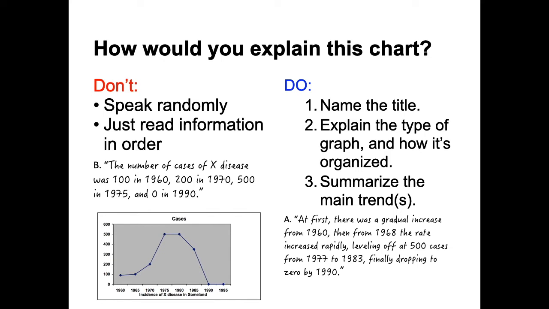About the main trends, at first there was a gradual increase from 1960, then from 1968 the rate increased rapidly, leveling off at 500 cases from 1977 to 1983, finally dropping to 0 by 1990. So it means that this disease was common in the 70s and early 80s, but was basically eliminated by the year 1990. All right, so that's an example of that chart.